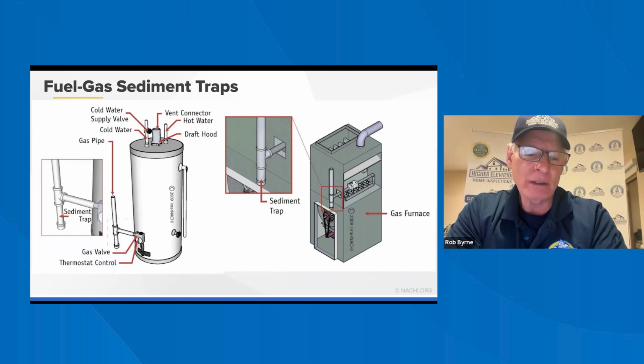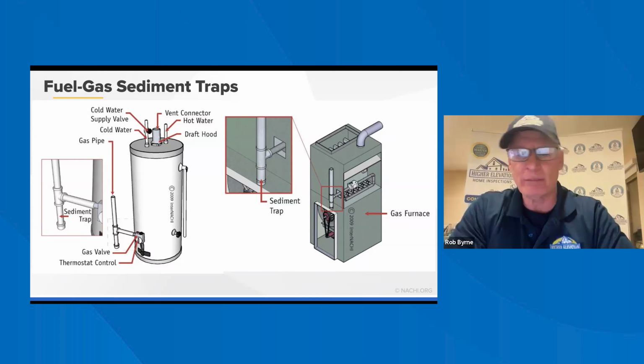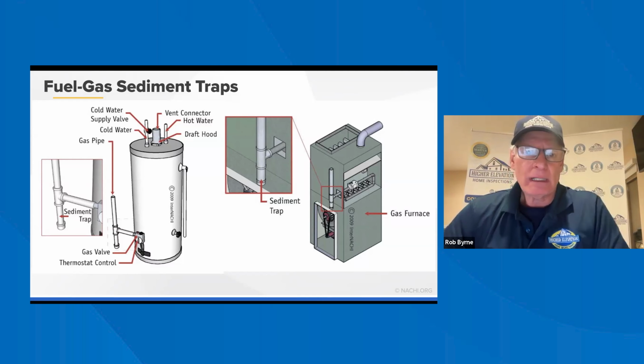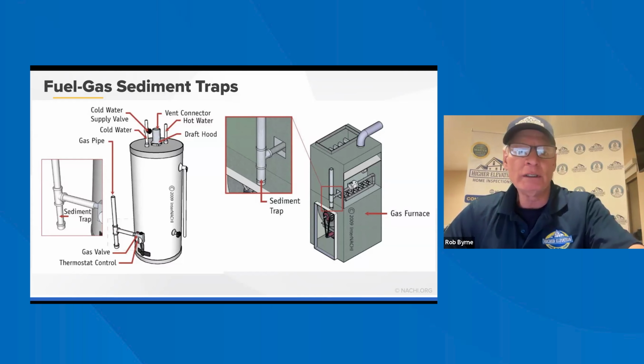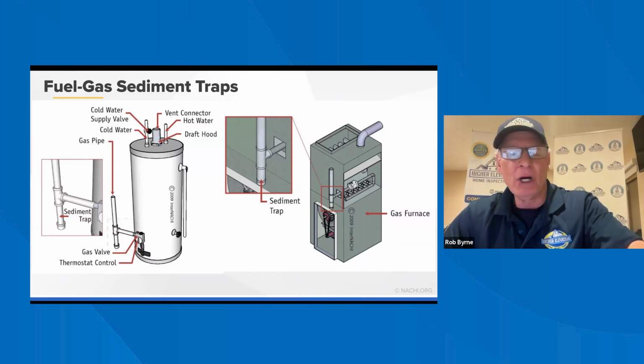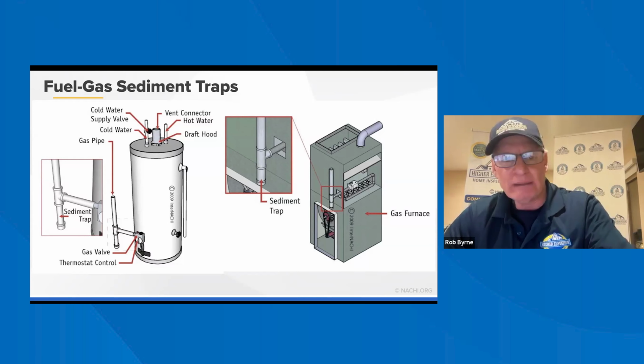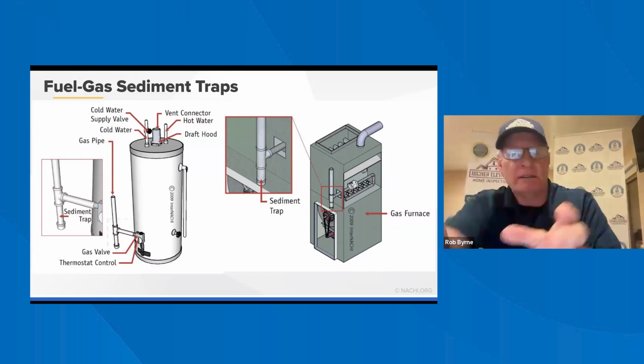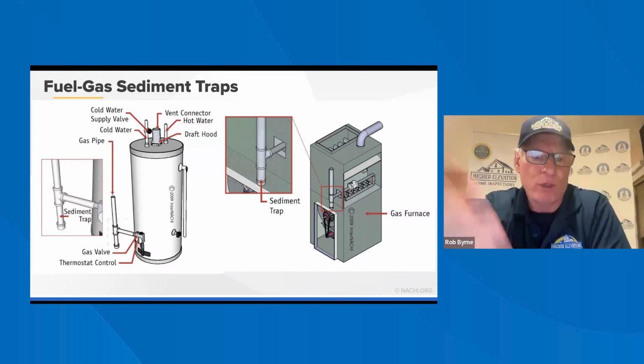And then obviously with the trap on the bottom, all that sediment would go straight down and it wouldn't go into the gas valve and regulator and create a problem. Sediment trap, vent connector. Again, all good terminology to know when you're writing your report. The vent connector, that's the one that comes out of the water heater and then connects to the vent going into the chimney.